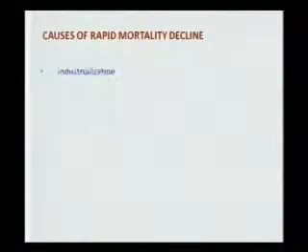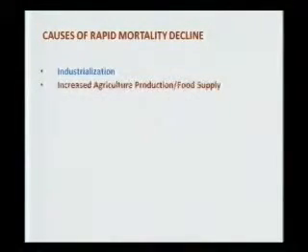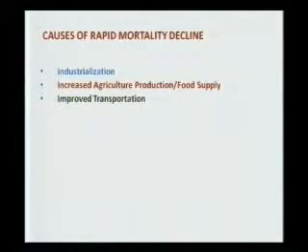Why? For example, the causes of rapid mortality decline include industrialization, which meant more food production, increased agricultural productivity and food supply, which along with new equipment, allowed transportation of food.